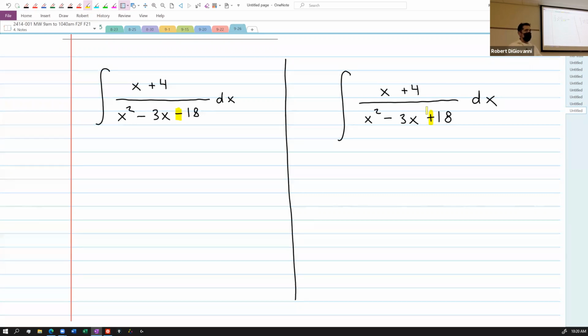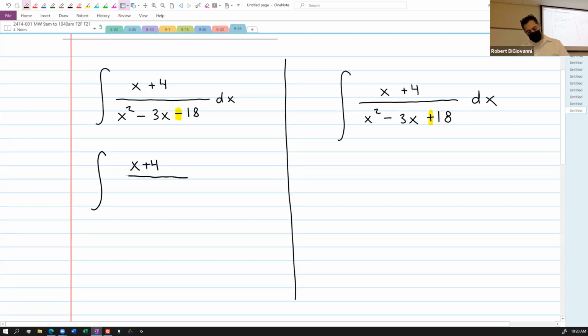You could factor that bottom. And if you factor the bottom, it becomes x plus 4 over x minus 6 times x plus 3, right? And then couldn't you do partial fractions with this?